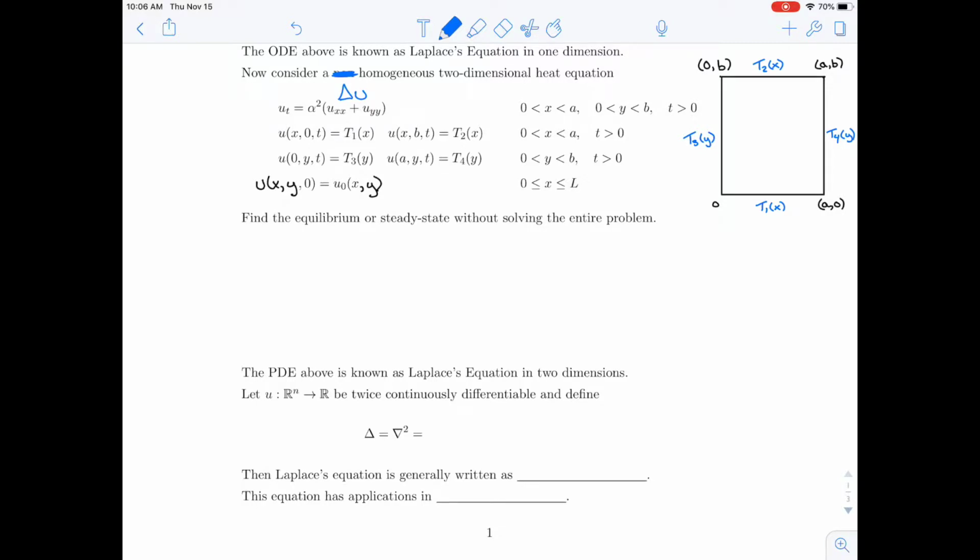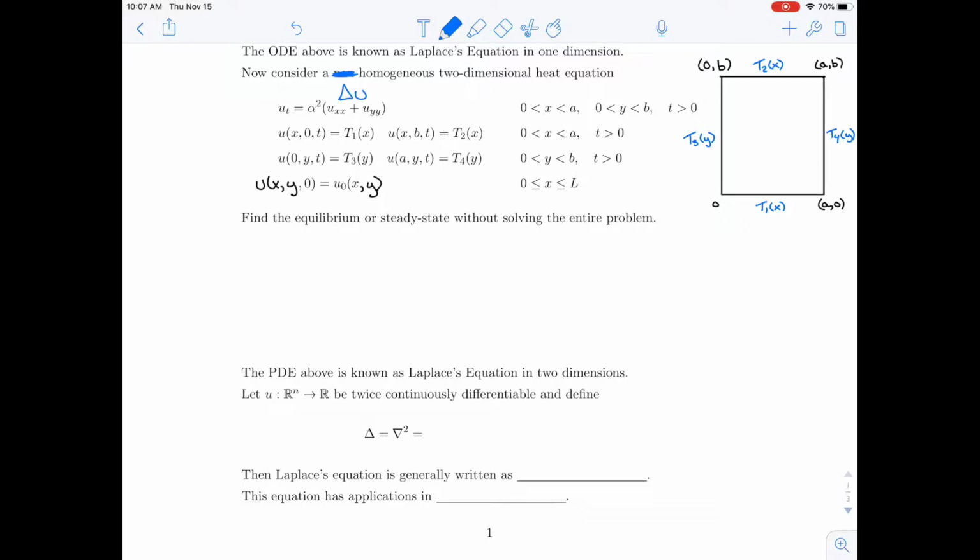Now, because we have 2 derivatives in time and space for this equation, we're going to need initial or boundary conditions. In particular, because we have 4 derivatives in space, we're going to need 4 boundary conditions.